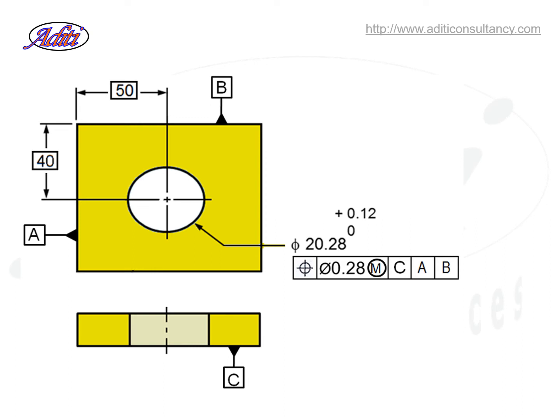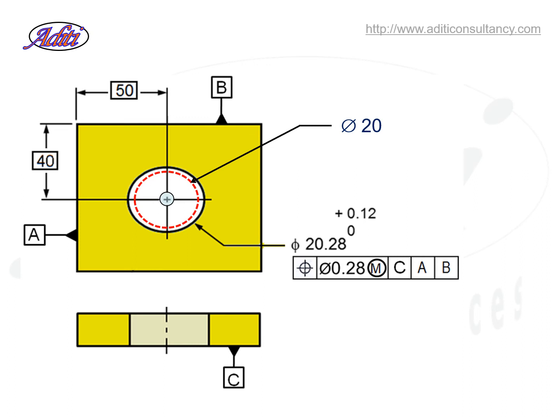When GD&T is implemented for controlling the hole, the part drawing will look like this. Here also, the diameter of the hole is controlled between the two limits and the position of the axis of the hole is controlled with respect to three datum surfaces. As a result of these two specifications, now an imaginary boundary of 20 mm will get fixed with respect to the nominal position of the axis of the hole.